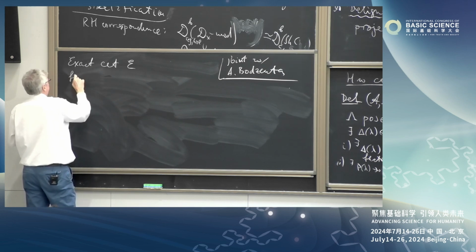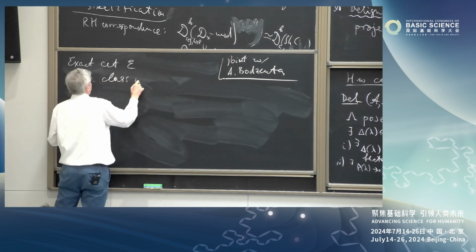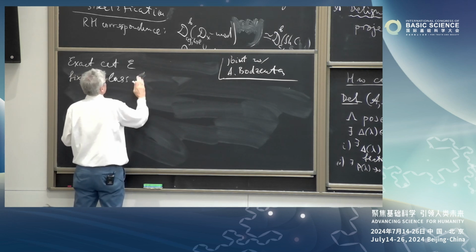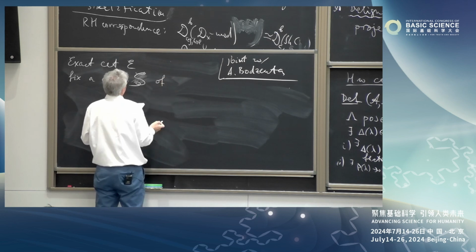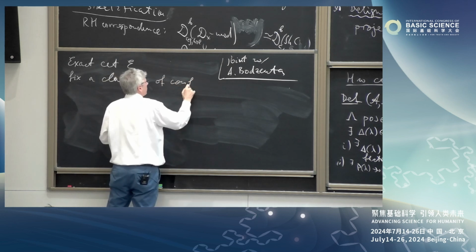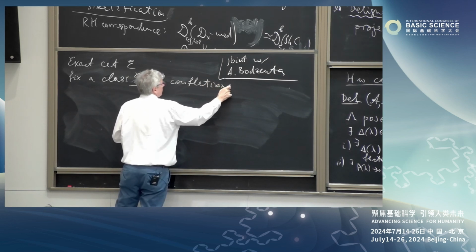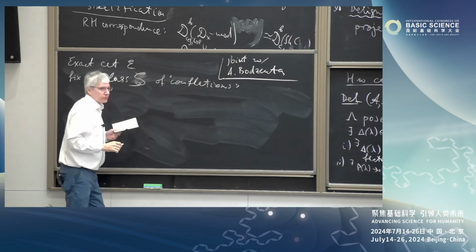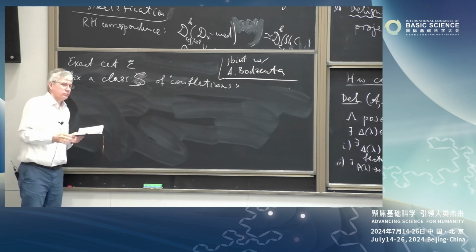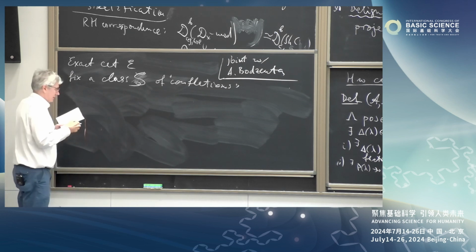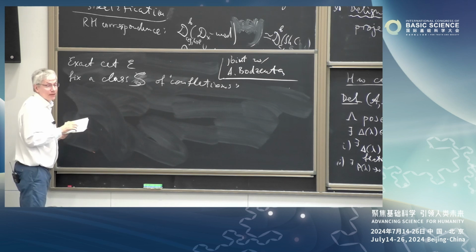So one has to fix a class, which I denote by S, of conflations. These are like short exact sequences. This terminology, conflations, inflations, deflations, is due to Bernard, I believe, which is indeed very convenient, much better than Gabriel.